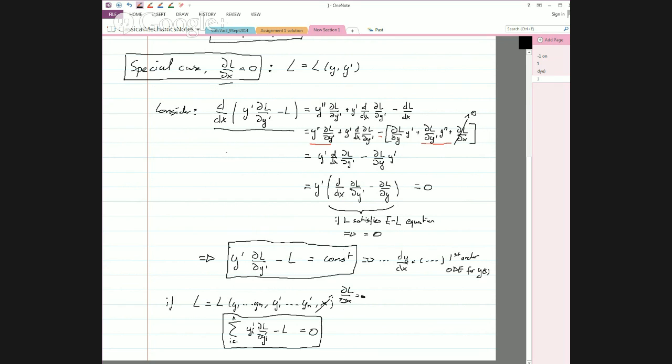But it's essentially the same derivation that we just did, except that you have to put i's on all the y's, and then you can group them together, and you'll find something like this. Okay?